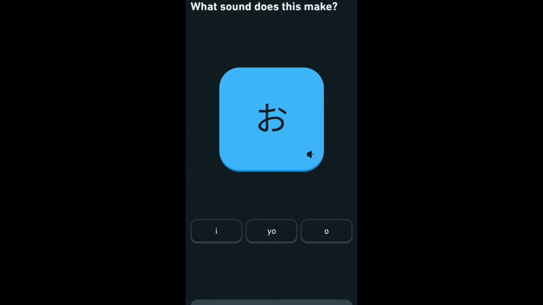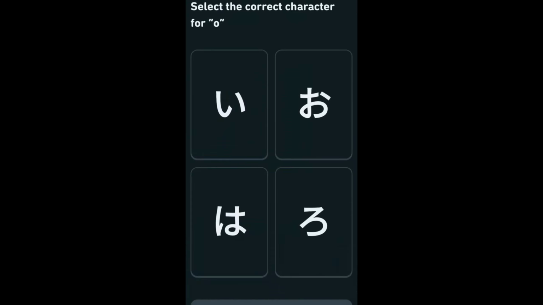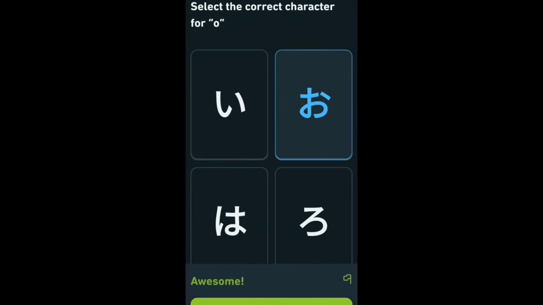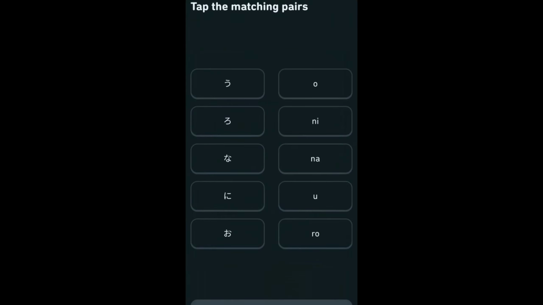Now what is this? O. This is O. Then what is the character for O? Right. Now what is the first one? Yes, U. Second one, Ro. Third one, we have done this. Na. Well done. Fourth one, Ni.